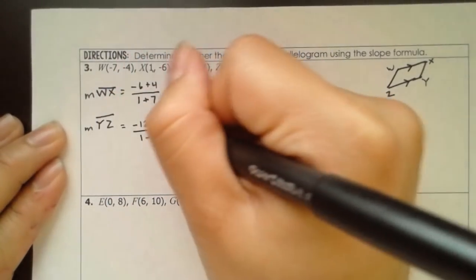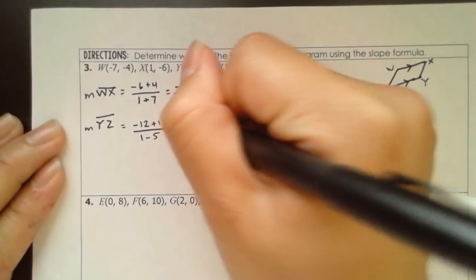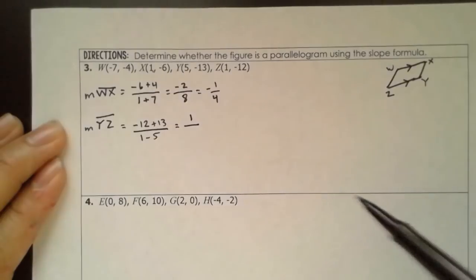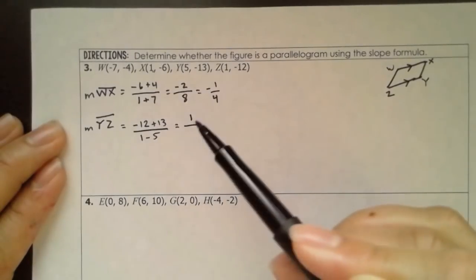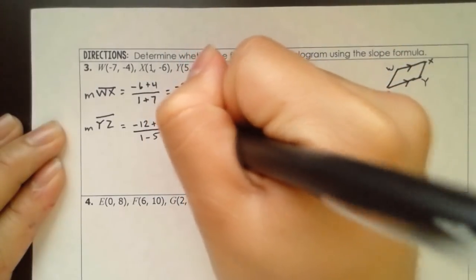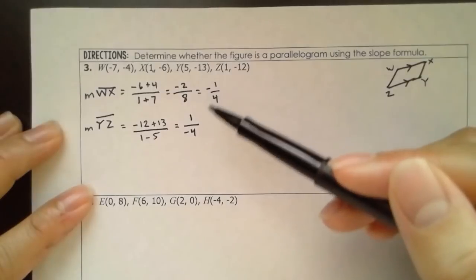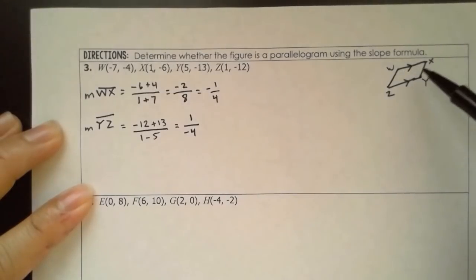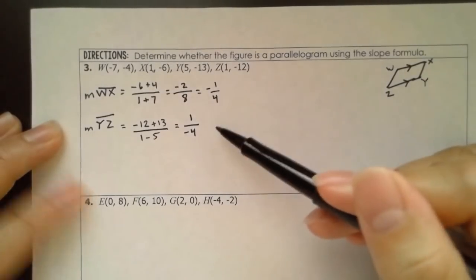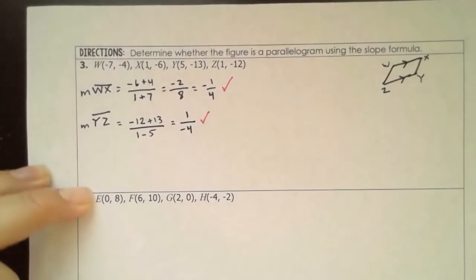And then negative 12 plus 13, you get 1, right? You owe 12, you pay off 13, you still get left with 1. 1 minus 5, you get negative 4. And then you can see that the slope of the opposite sides, WX and ZY, is the same. So those two sides are parallel.